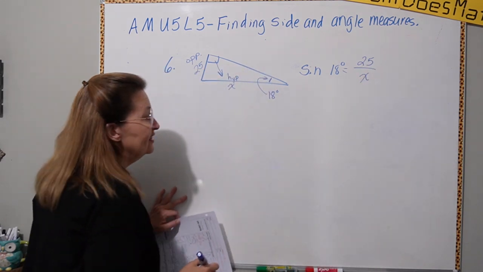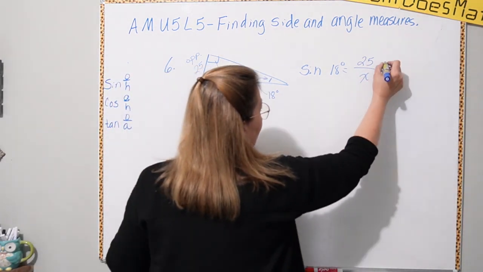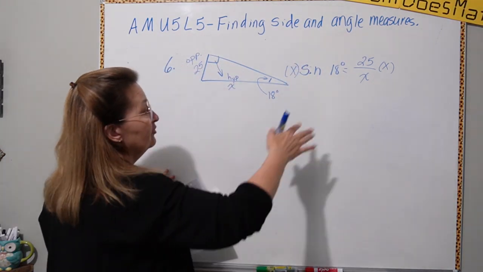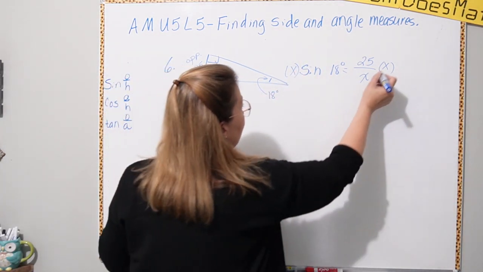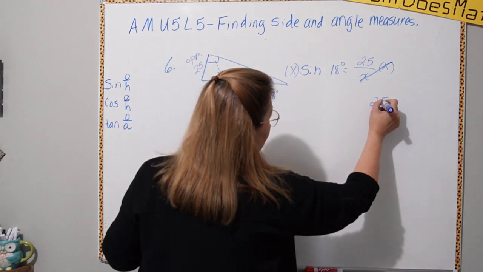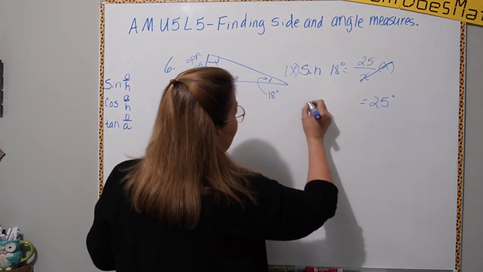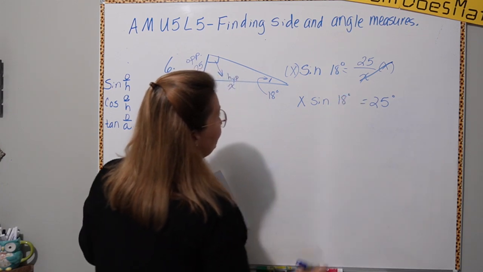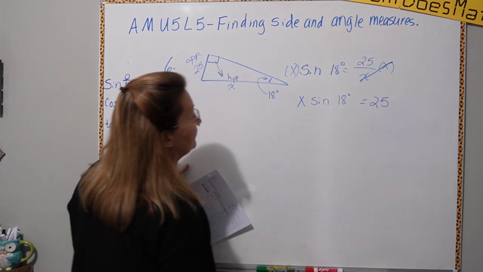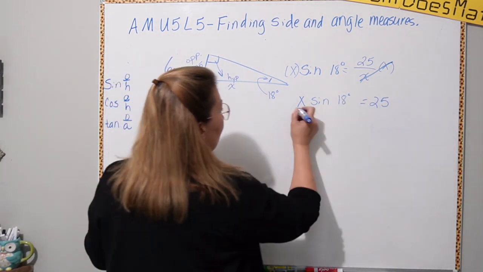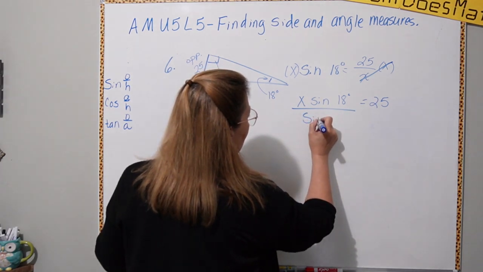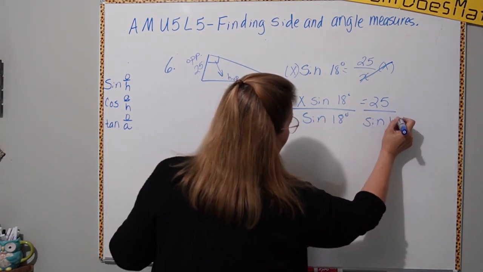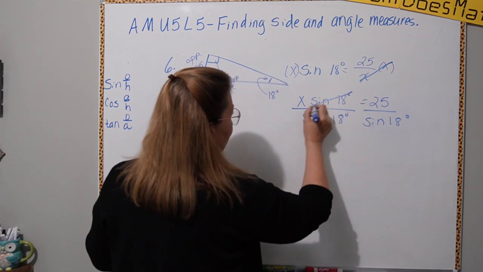x. And once again, since x is in the denominator, to get rid of it, I'm going to multiply on both sides to move it up from the denominator. It cancels here, so I have 25 left, and over here I'm going to have x times sine 18, and that's not 25 degrees. Okay, now we are going to divide both sides by sine of 18 degrees.